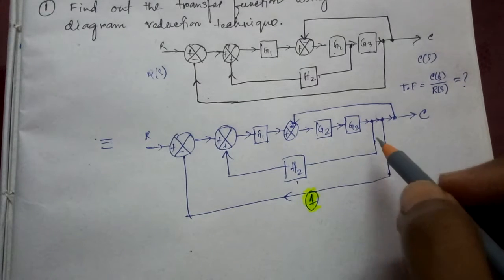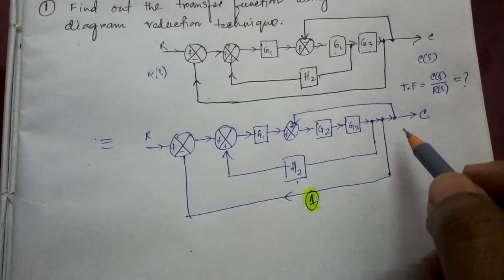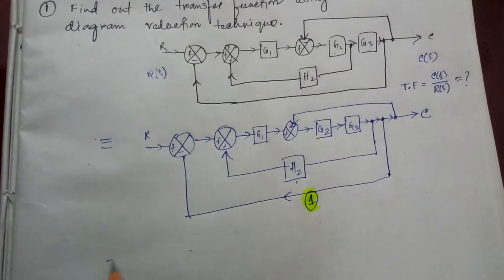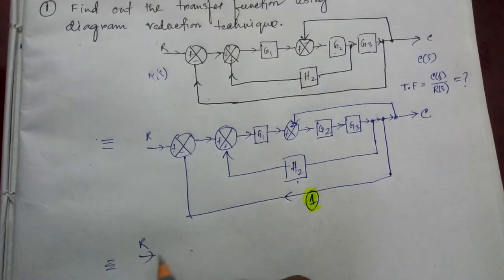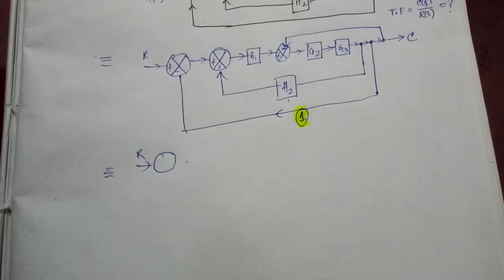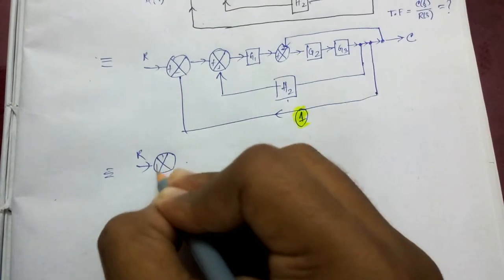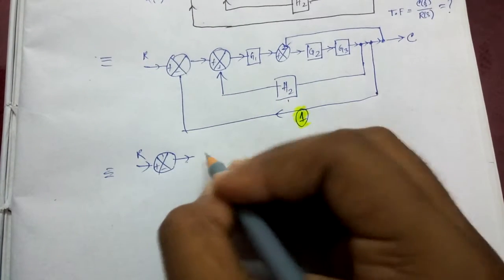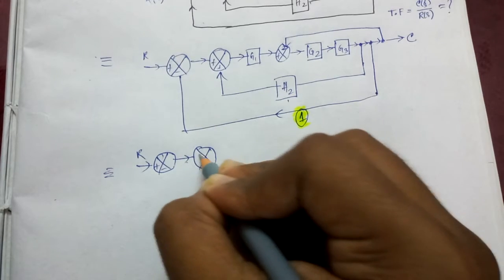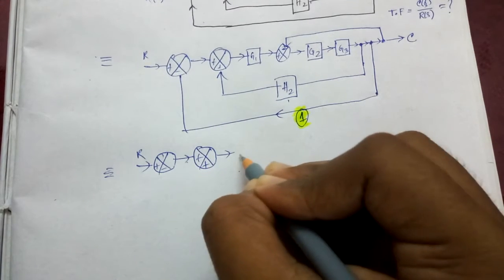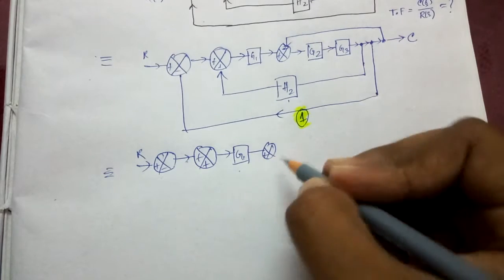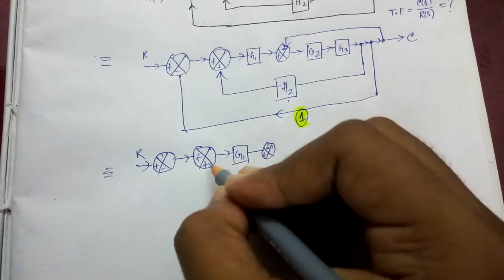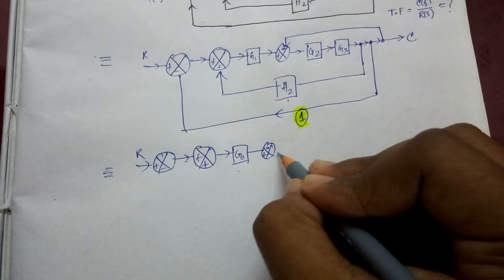Now in the next step we can reduce this and we can write the multiplied value of both of them. So let me write it first. This will be as before, plus minus: this is negative feedback, here it is also negative feedback.